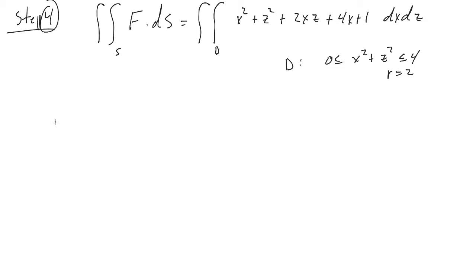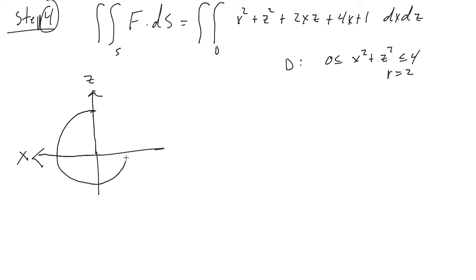All right, now, so for here, this is x, this is z. This is the positive x direction, this is the positive z direction. So this is our D. The y direction is coming straight at you, so there's no y in this picture.